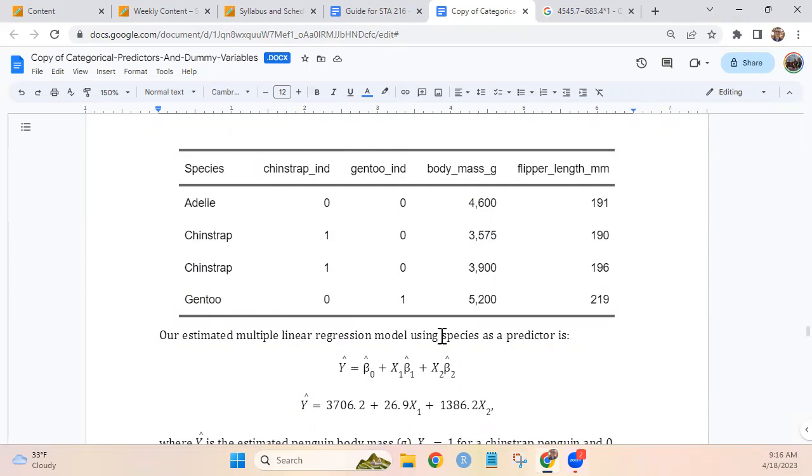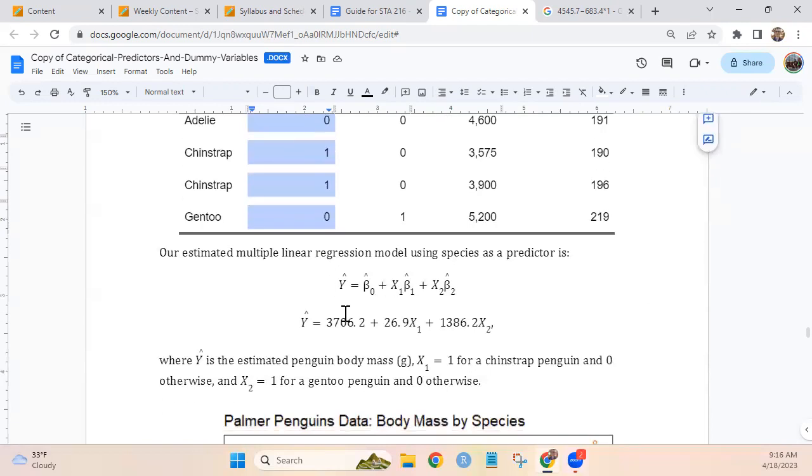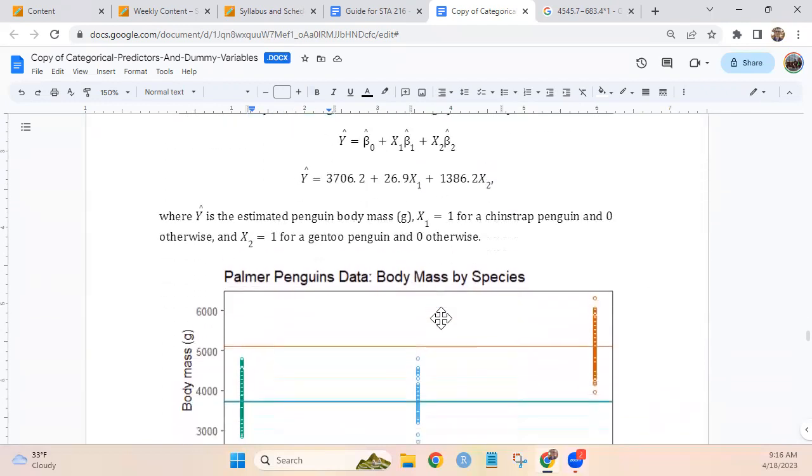You have this indicator for Chinstrap, 1 for Chinstrap, and an indicator for Gentoo. Notice it's all zeros except when it's Gentoo. And now this is all numeric information that can be used with the optimization algorithm, calculating the derivative, getting the numerical estimates. And so that's how we do it here.